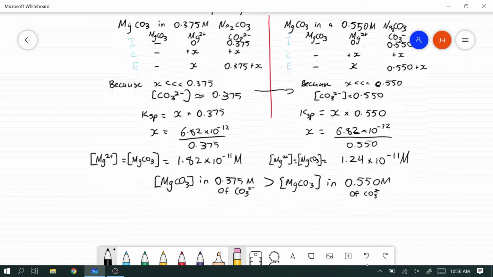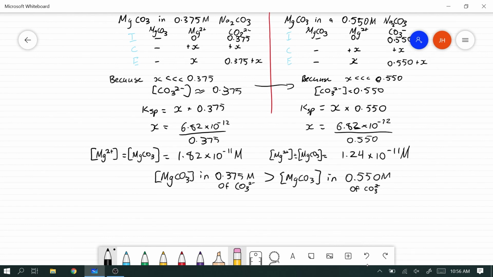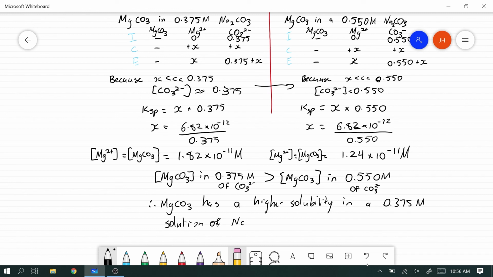So if this is the case, then the magnesium carbonate has a higher solubility in a 0.375 molar solution of sodium carbonate compared to a 0.550 molar solution of sodium carbonate.